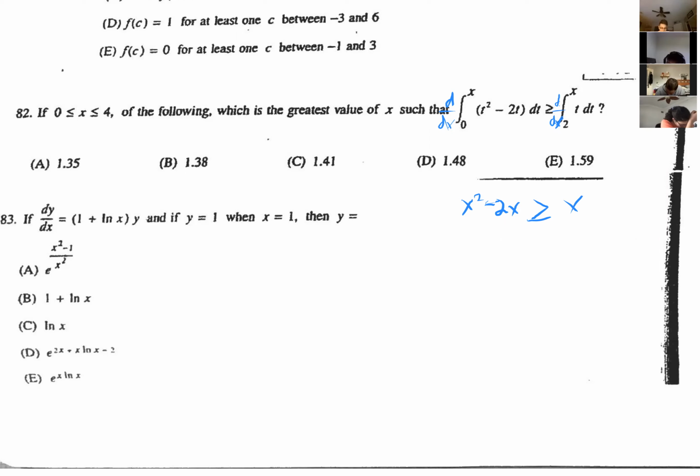I'm trying to think how that's going to help me here. x cubed over 3 minus x squared. This is a tricky one. Use your calculator. Oh, let me do something on my calculator here. If I plug in the numbers, I do 1.35.